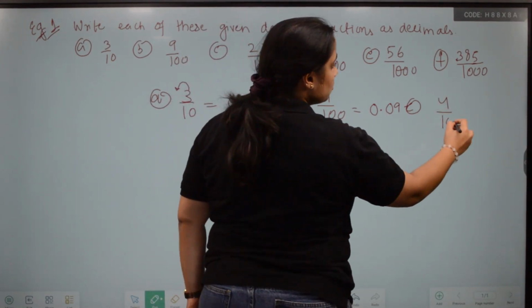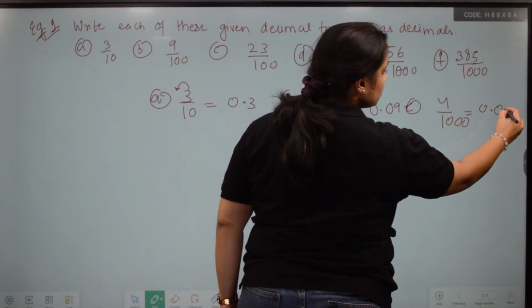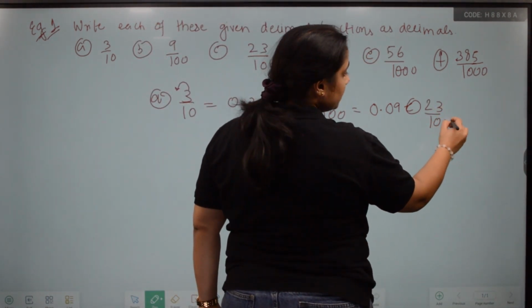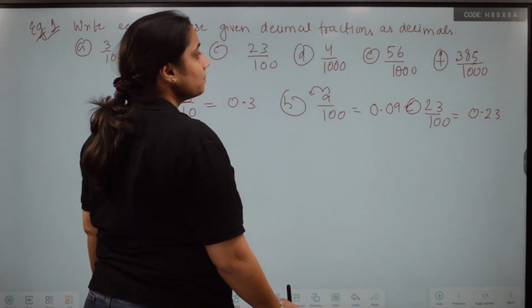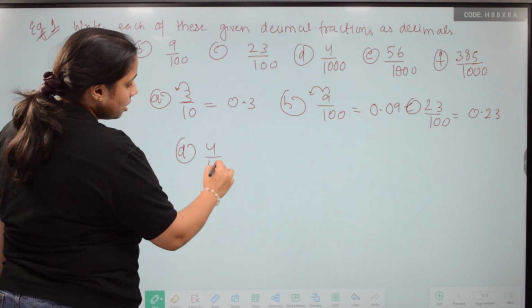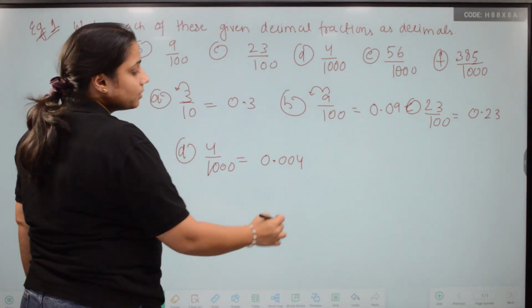Part C, 4 by 1000. In a similar way, it becomes 0.004. Part C, 23 by 100. In a similar way, it becomes 0.23. Part D, 4 upon 1000. It becomes 0.004.